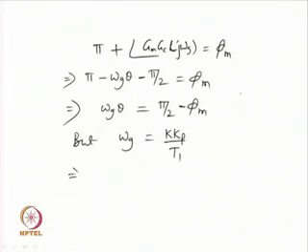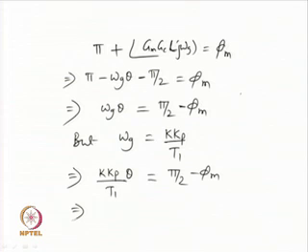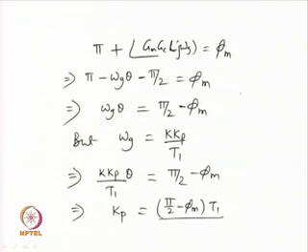Therefore, K Kp divided by T1 times theta is equal to pi by 2 minus phi m, which implies Kp is equal to pi by 2 minus phi m times T1 by K theta.